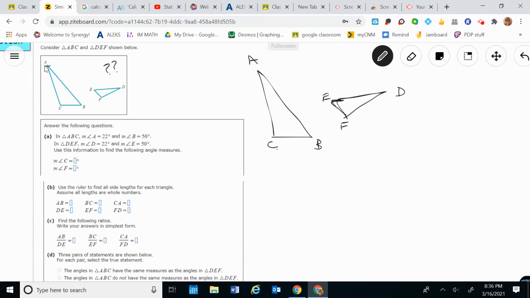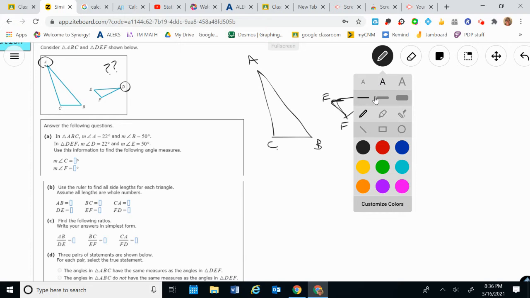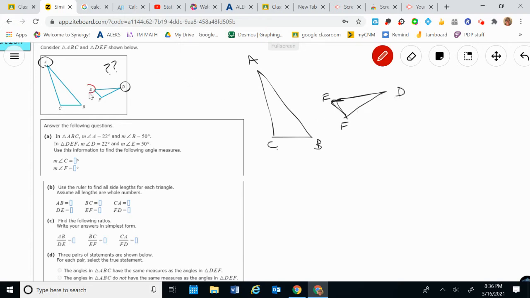We can tell that A corresponds to D, correct? If we're comparing them, can you see that E and B are smaller angles and F and C are obtuse? So we would be comparing E and B and then C and F. All right, so now in triangle ABC, the measure of angle A is 22 and B is 50.